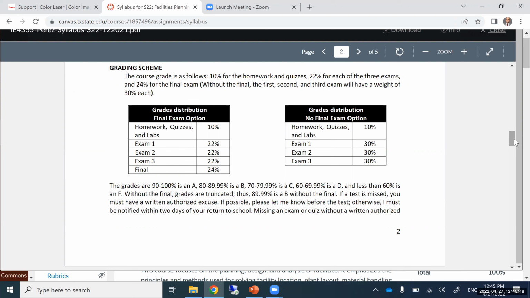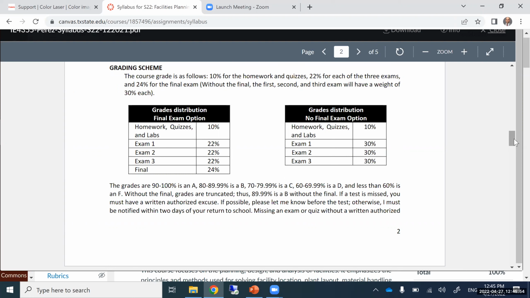So that's the feedback. If you are close to the next grade based on the grade distribution without the final, say you are 77, 87, or 67 or above, and you want to go to the next grade, that would be my recommendation. If not, then taking the final will have no major impact.